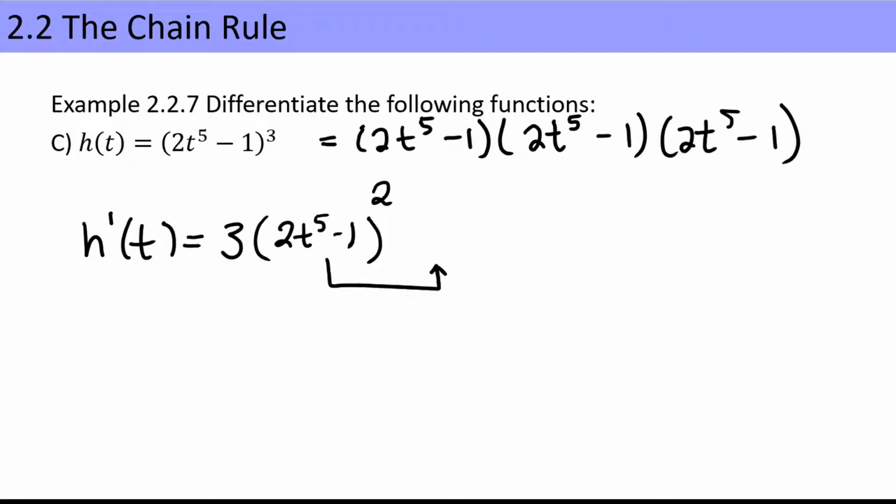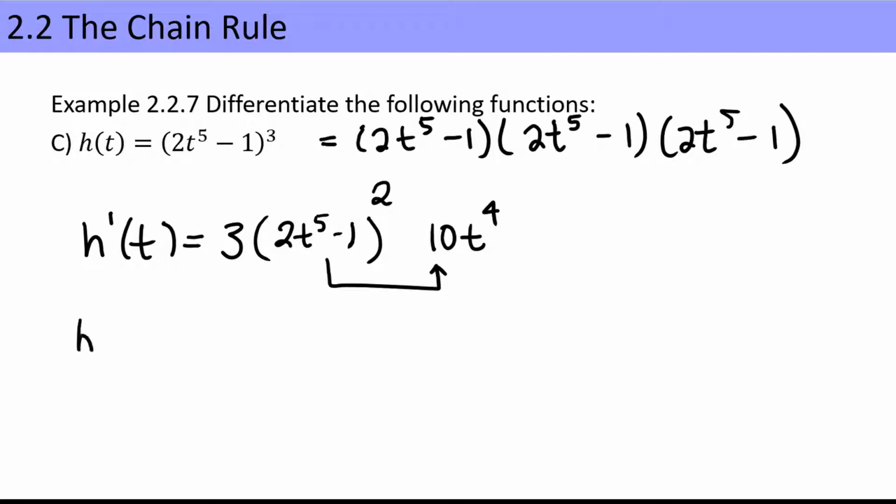We must remember to take the derivative of the inside function, and the derivative of the inside function would be, we've got 2t to the 5th minus 1, bring down the 5. So 2 times 5 is 10t, and then 5 minus 1 is 4. The derivative of negative 1, it's a constant, is just 0.